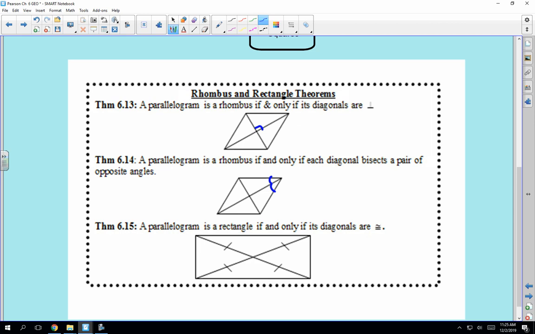So that diagonal bisects those 2 opposite angles, splits them into 2 equal halves, and this other diagonal bisects those 2.